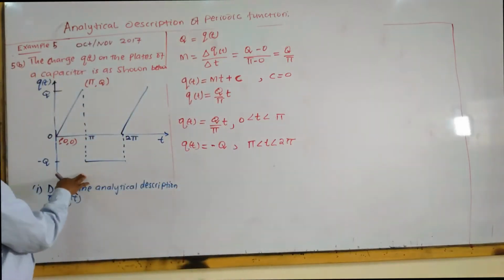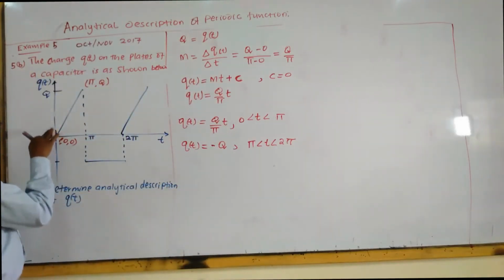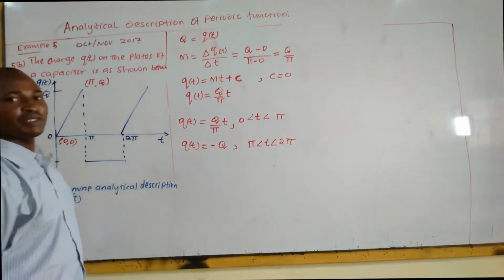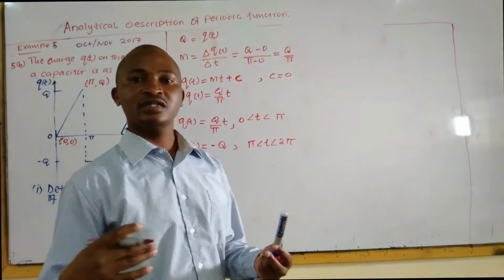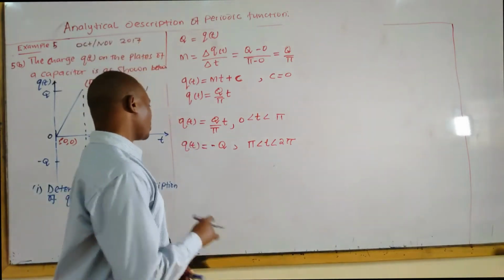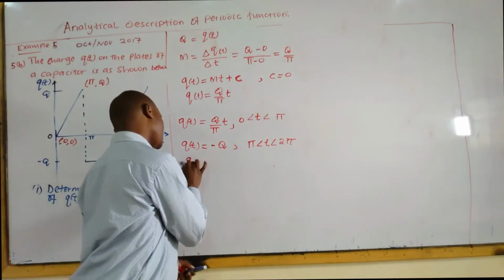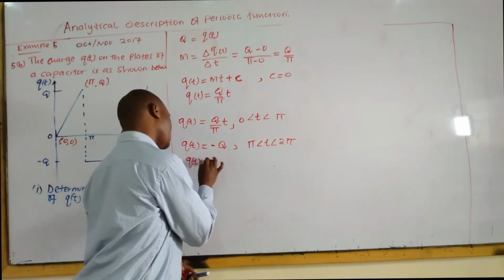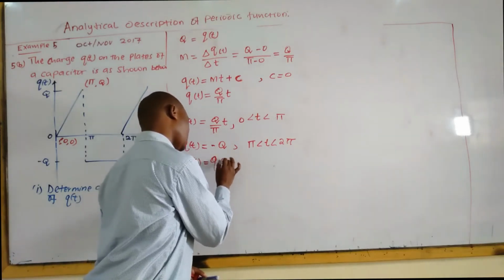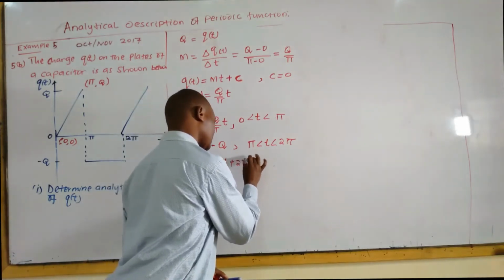And finally, we remember to say that Q of t is periodic with 2 pi. Because a period is completed after 2 pi radians. So you say Q of t is equal to Q of t plus 2 pi.